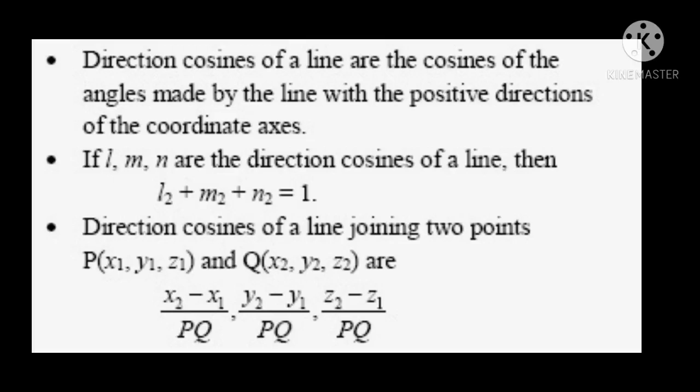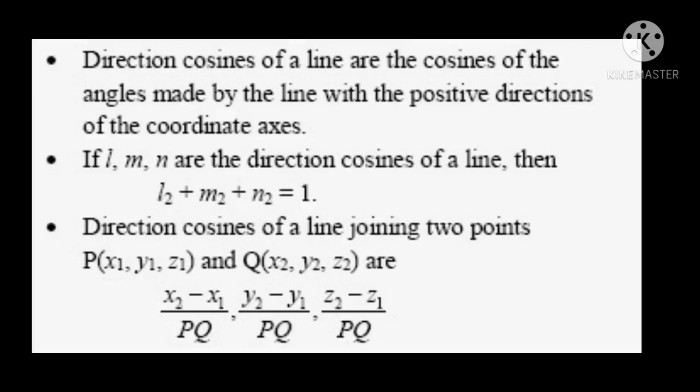The line joining these 2 points would also have direction cosines, and those would be x2 minus x1 divided by PQ, where PQ is the length of that line segment from P to Q, and y2 minus y1 divided by PQ, comma z2 minus z1 divided by PQ. So these are the direction cosines.